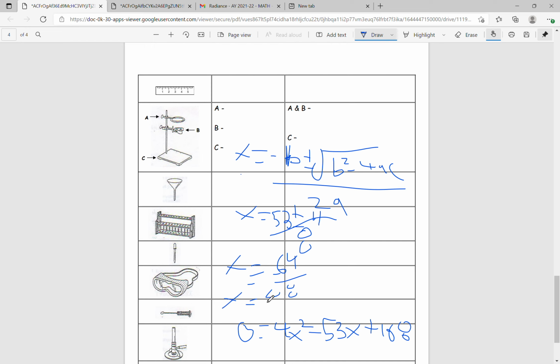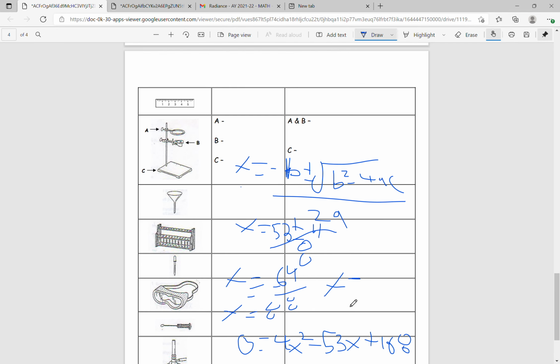So we can clearly see that x is equal to 8. That's one of the answers. Now 53 minus 11 is 42. And 42 divided by 8, we can reduce that to 21 divided by 4, or x equals 5.25.